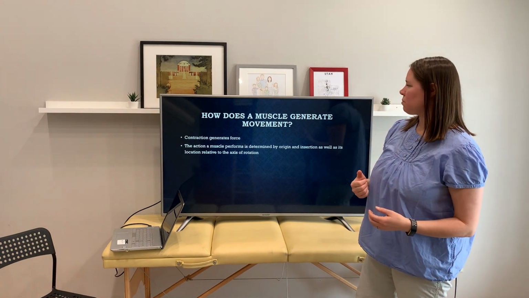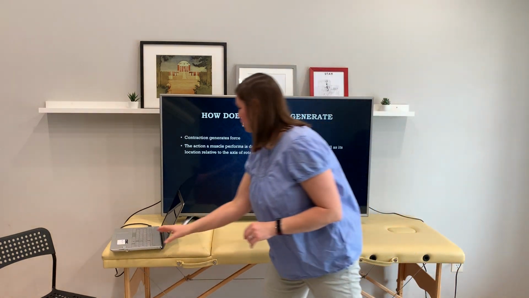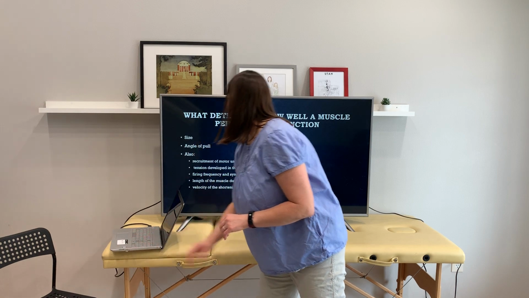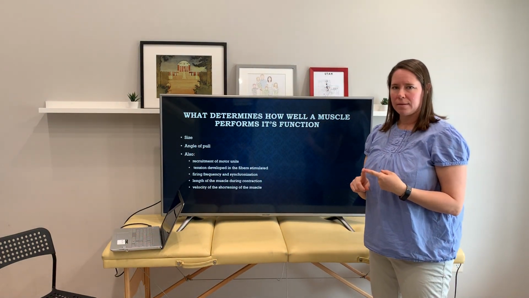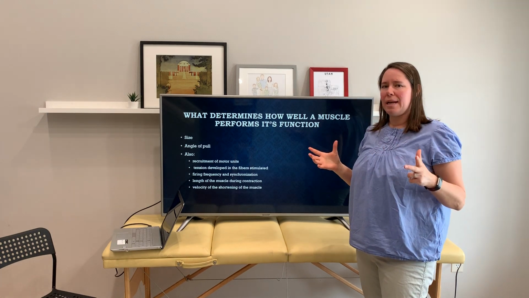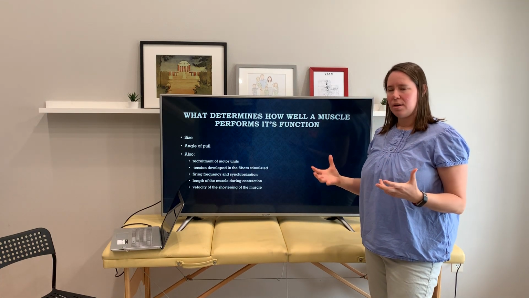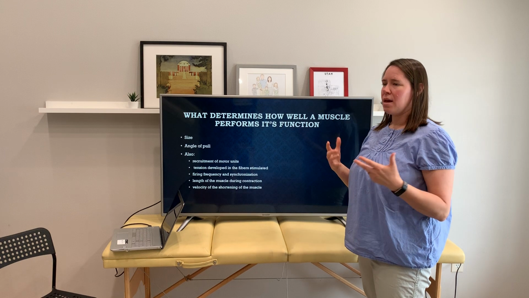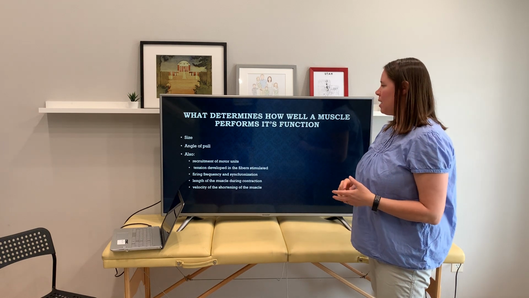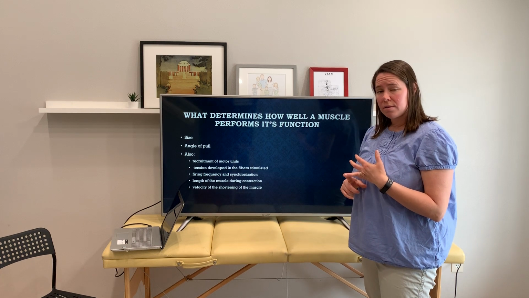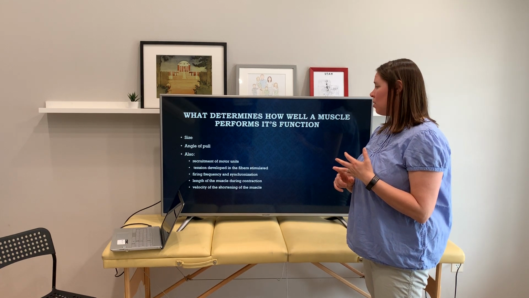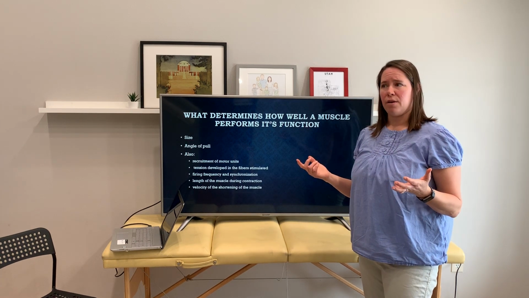Okay, so thinking about all of those things we've already mentioned, and then a few more things: how big the muscle is, the angle of pull that it has, or the mechanical advantage that it has influences how much tension it can develop. And then also the recruitment of motor units. So what does that mean, right?